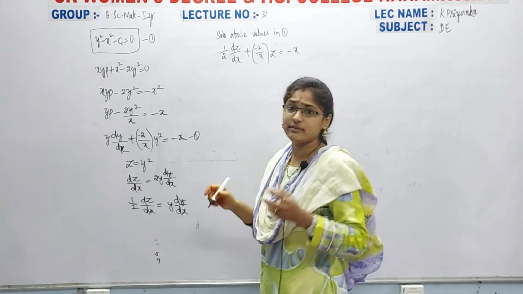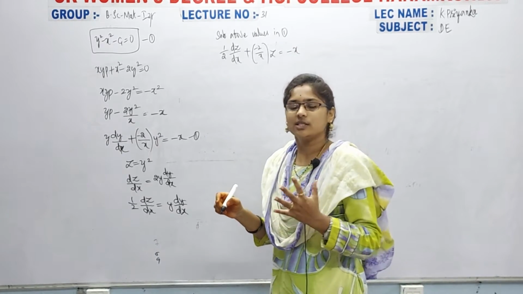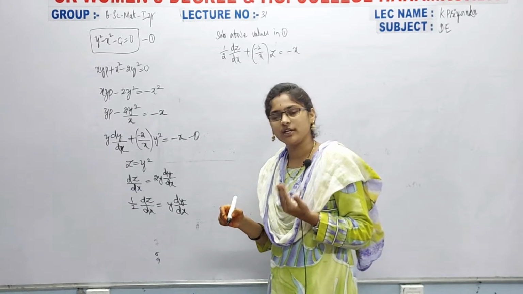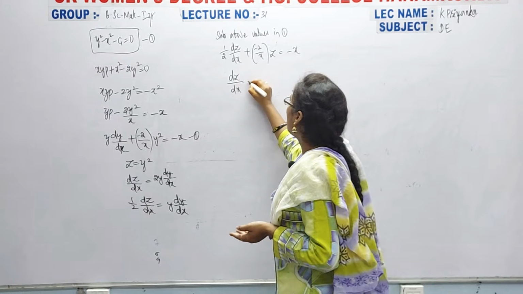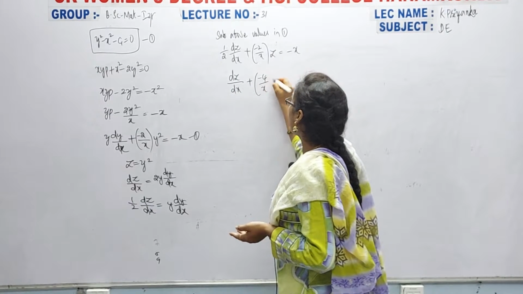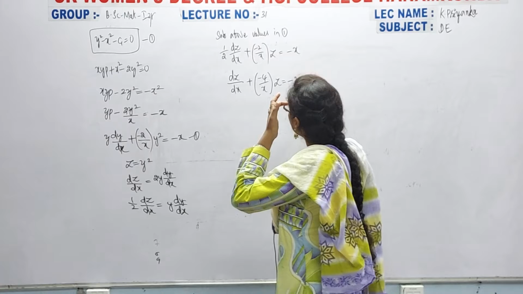Now here I have 1 by 2. What do I have to do now? Just multiply with 2. Then we get dz by dx plus minus 4 by x z equal to minus 2x.